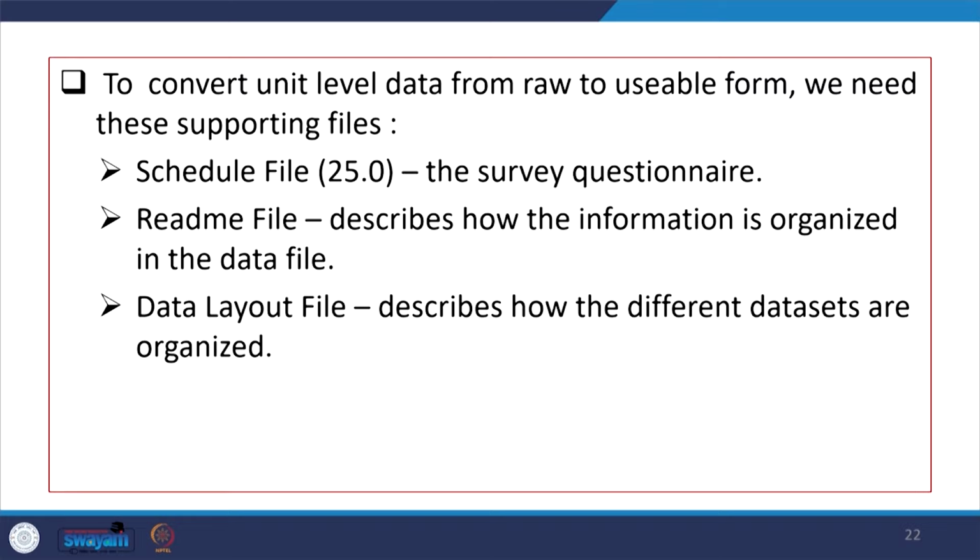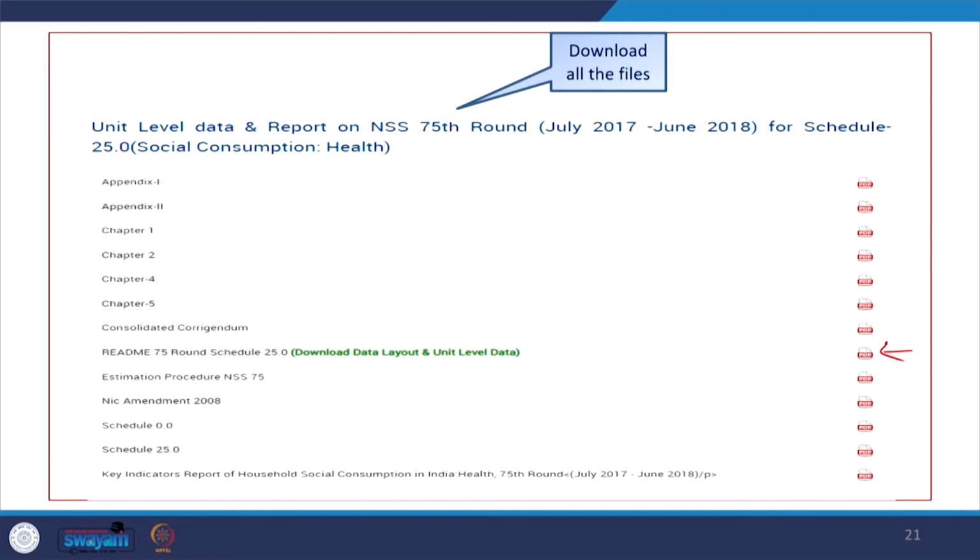Once you get this, we also get other important files like the schedule. We require this for sure, the schedule file. Then we require a layout file, and then the readme file. Okay, readme contents are already inside it. We will get the unit level data and the layout file.